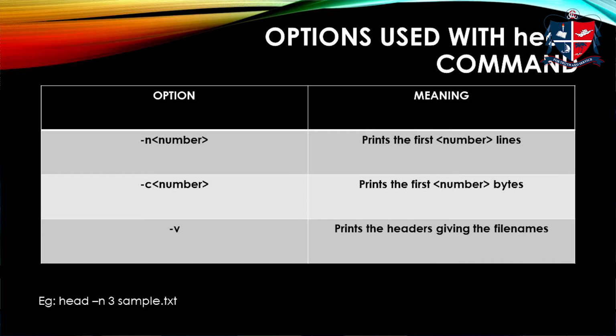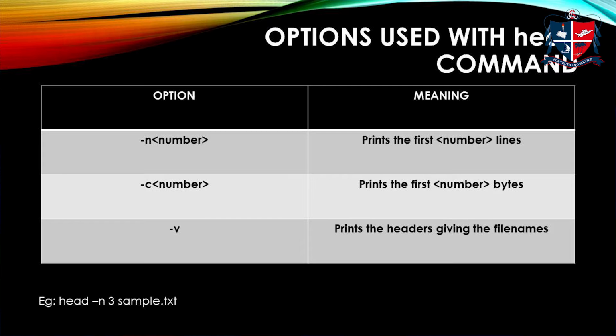Minus c is similar, but whereas minus n prints line-wise, in this case we consider bytes. If you specify minus c 5, then it will print the first 5 byte positions only. Note that minus n prints the first n lines, and minus c prints the first n byte positions.